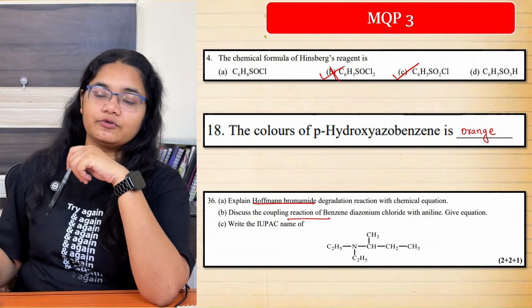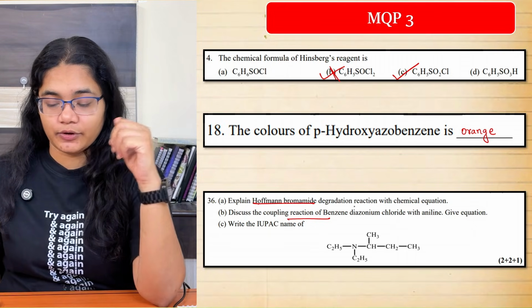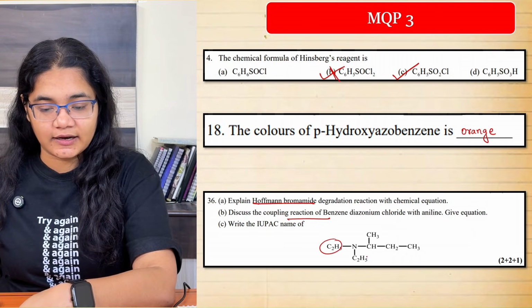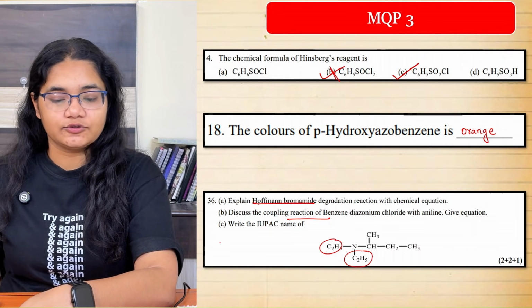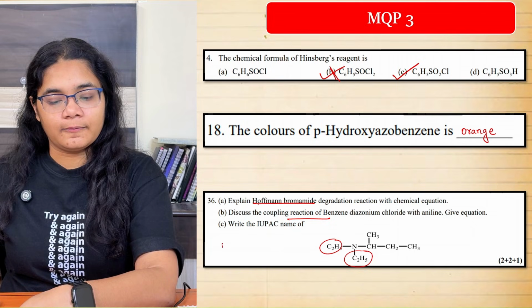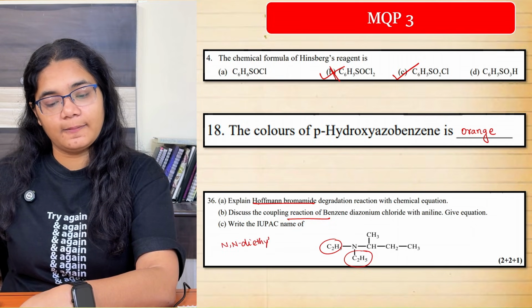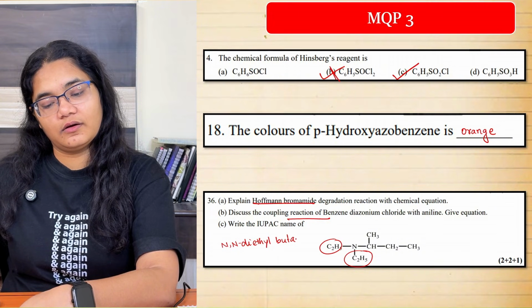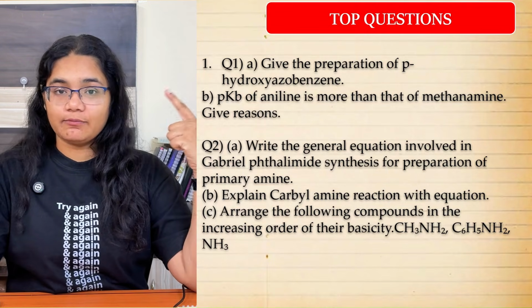Here there's a question to find the IUPAC name. So for that this is N,N-dimethyl and this is present in butan-2-amine, right? So you can write down N,N-diethyl butan-2-amine. So students, these were the most important questions from PYQs and model question paper.